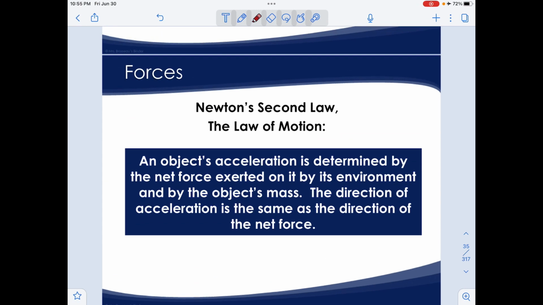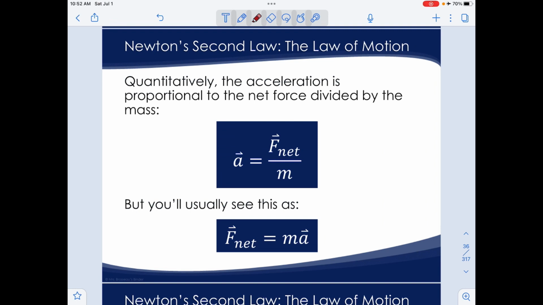So Newton's second law, the law of motion, restated: an object's acceleration is determined by the net force exerted on it by its environment and by the object's mass. The direction of the acceleration is the same as the direction of the net force. Quantitatively, the acceleration is proportional to the net force divided by the mass, as shown right here.